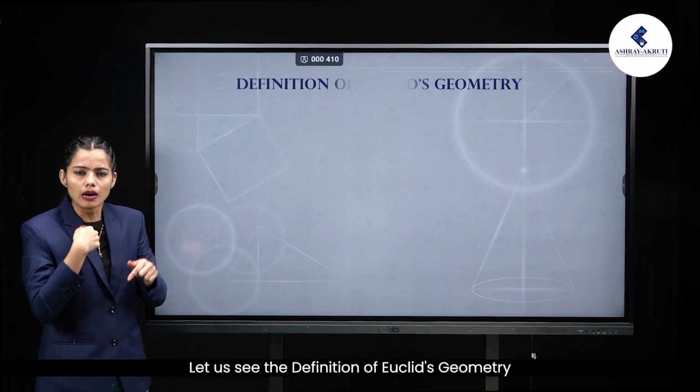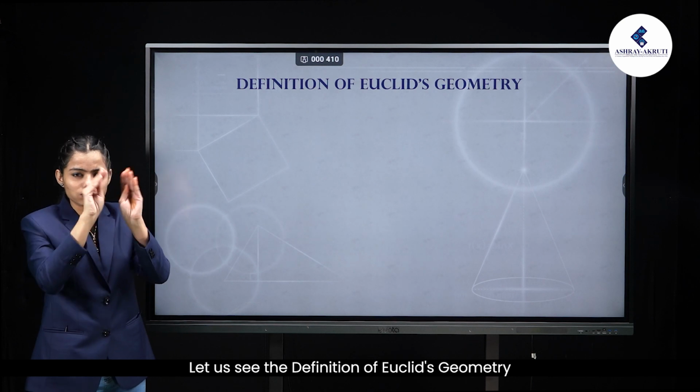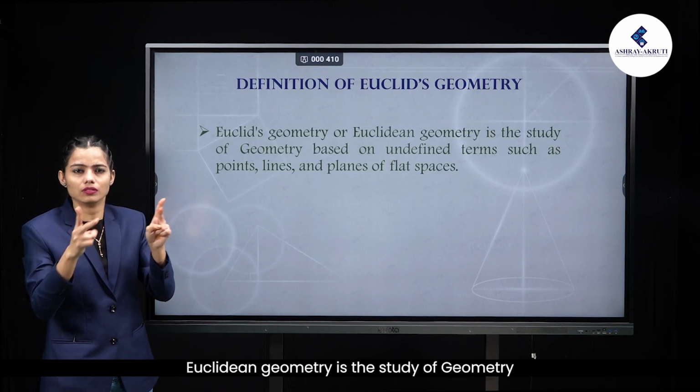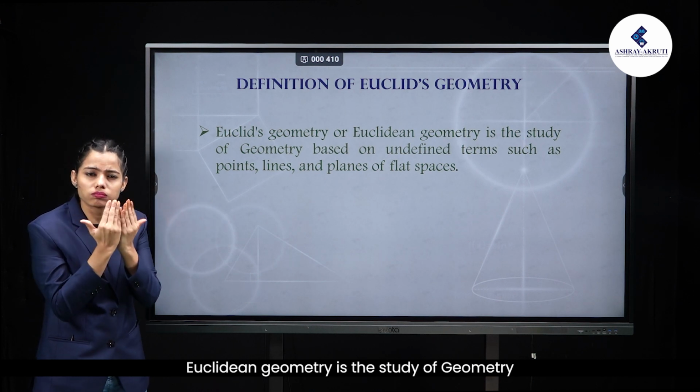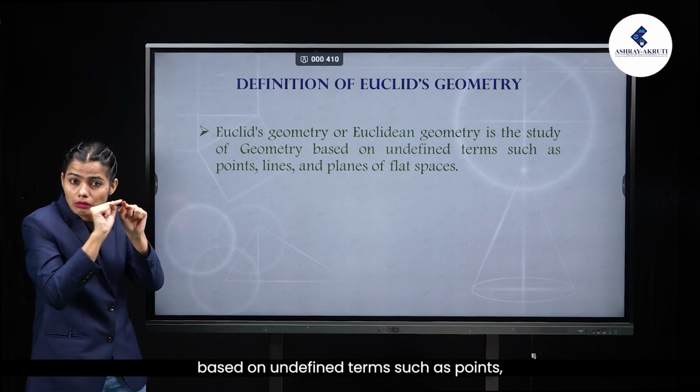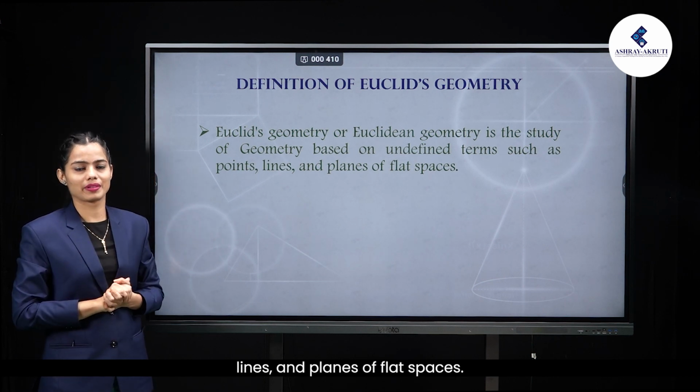Let us see the definition of Euclid geometry. Euclid geometry or Euclidean geometry is the study of geometry based on undefined terms such as points, lines, and planes of flat spaces.